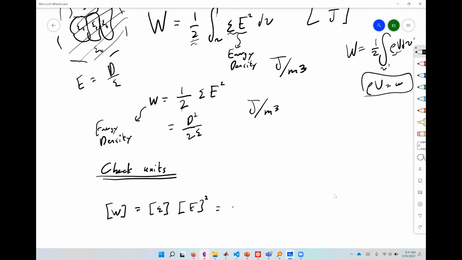We said epsilon is farad per meter. What's E? E is volt per meter, the whole thing squared. So this is meter squared times meter, this is meter cubed. We already got the meter cubed. Good start. And then we have F times V, and then another V. What is F times V?